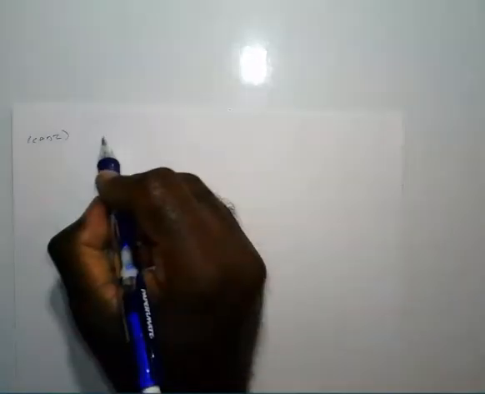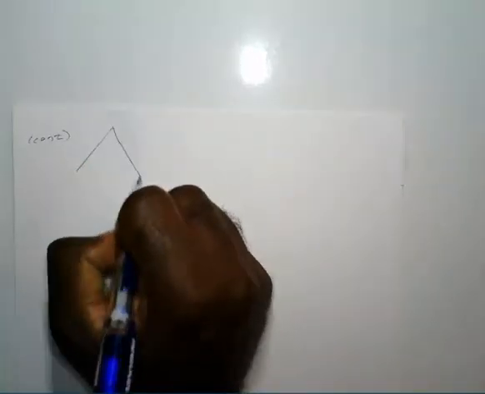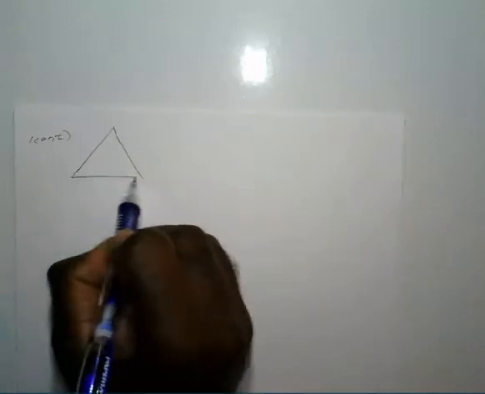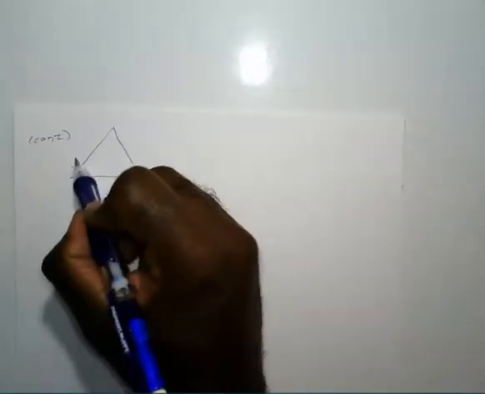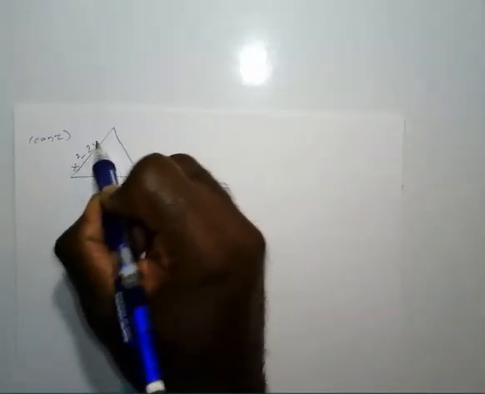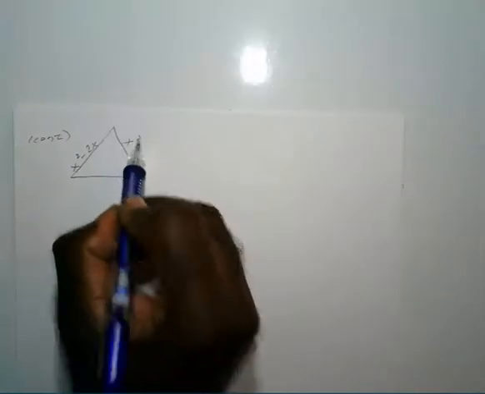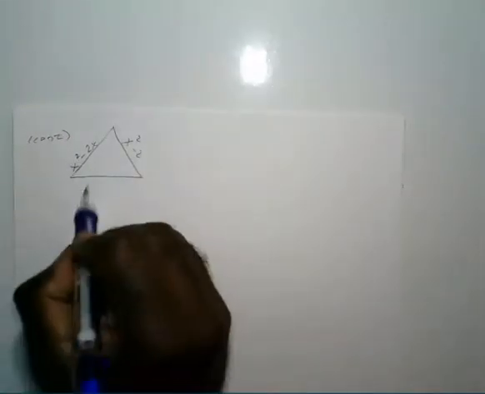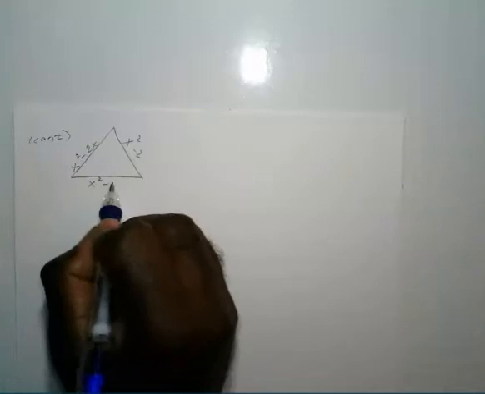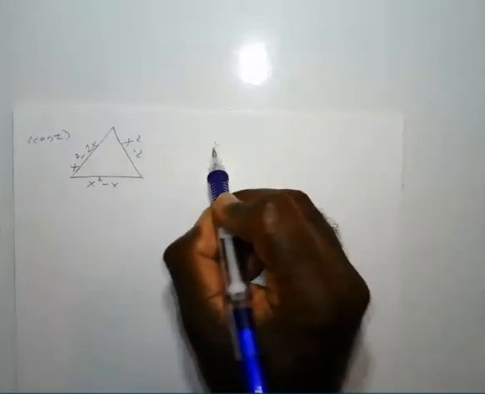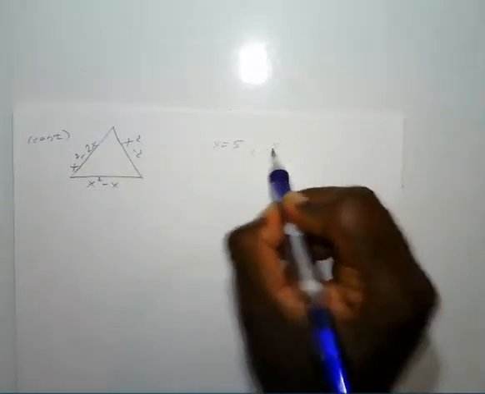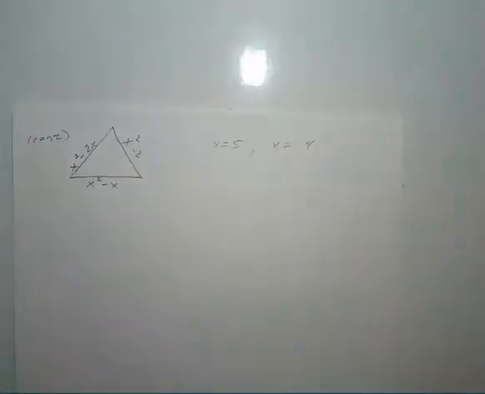Alright, so remember, our triangle was x squared minus 2x, x squared minus 2, and x squared minus x. And we solved for x equals 5 and x equals -4.